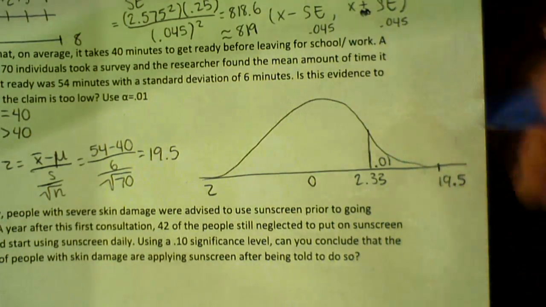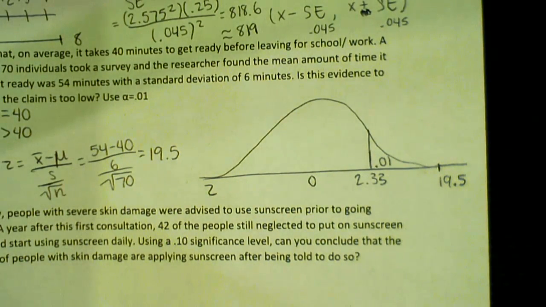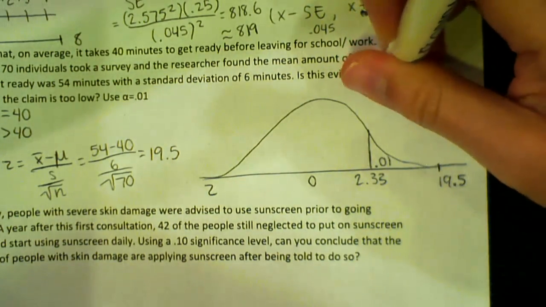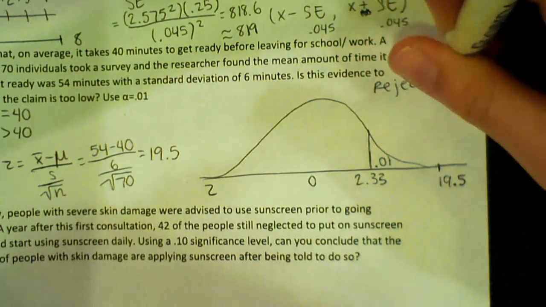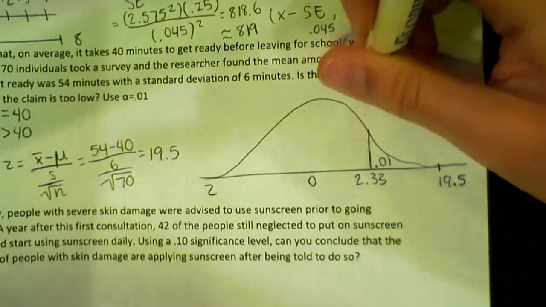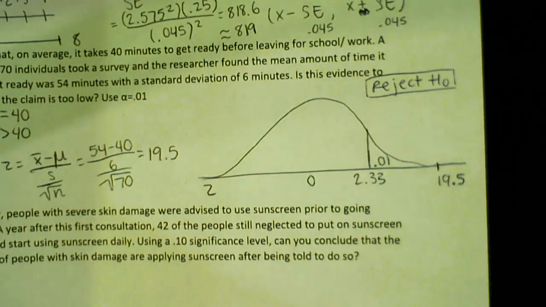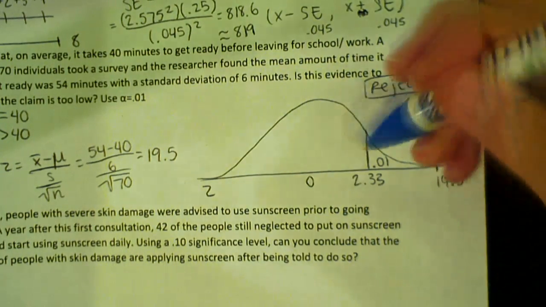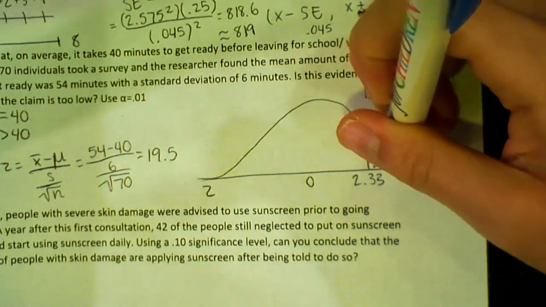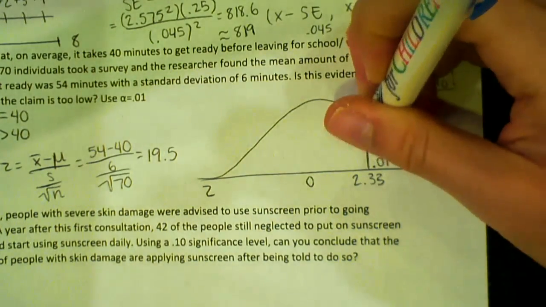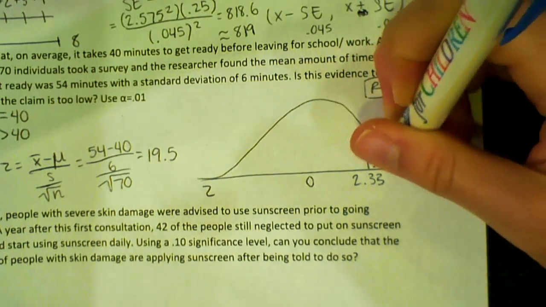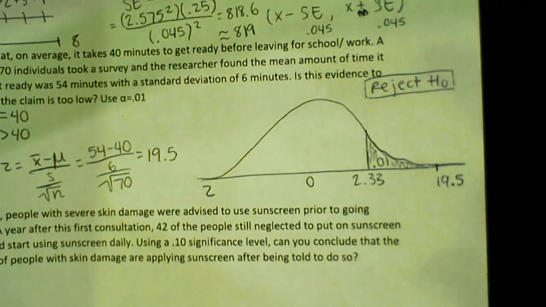So what should we conclude? Yes, we are rejecting H0. And again, we can see that it's inside the rejection region, the alpha space.